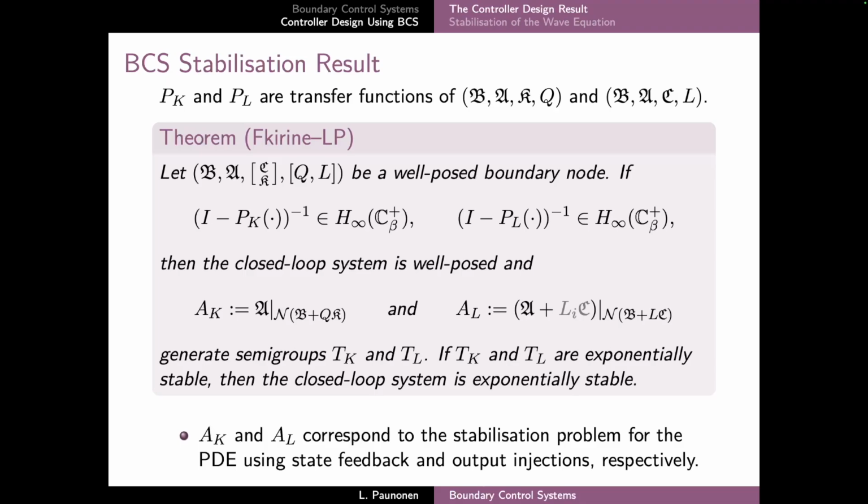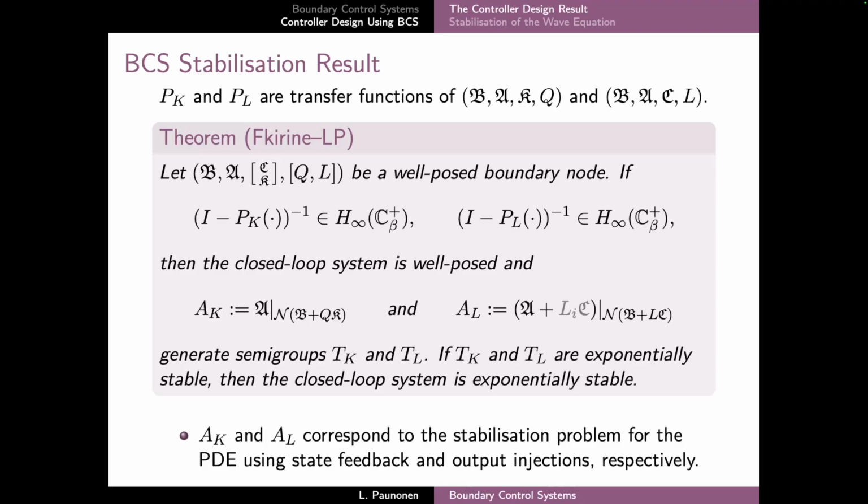Our main assumption is again on stability of two systems which are associated with just pure state feedback and output injections respectively. So these systems, AK and AL, correspond to the boundary control system where we have applied stabilizing state feedback or just output injections with operators L and Li.